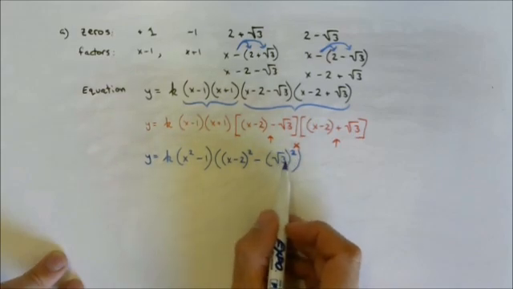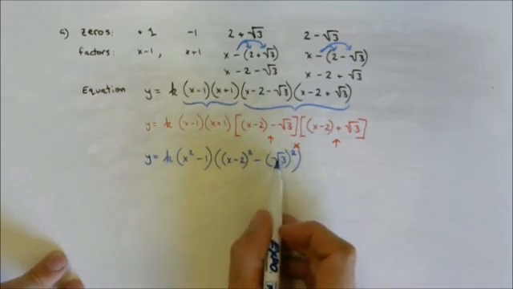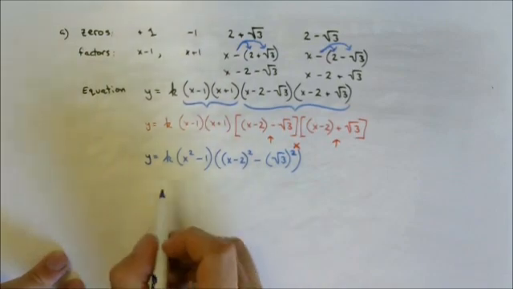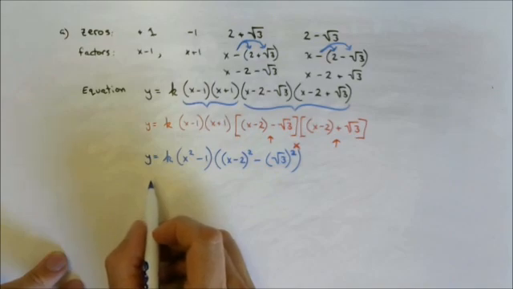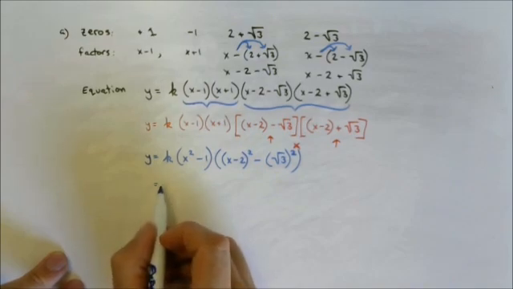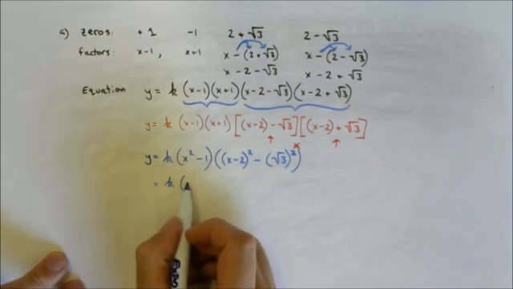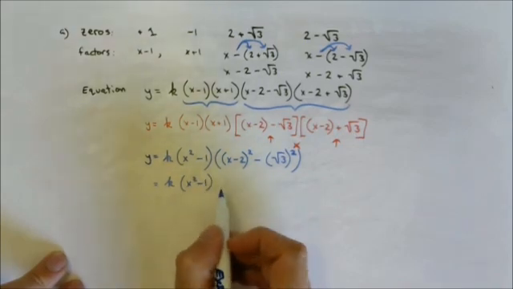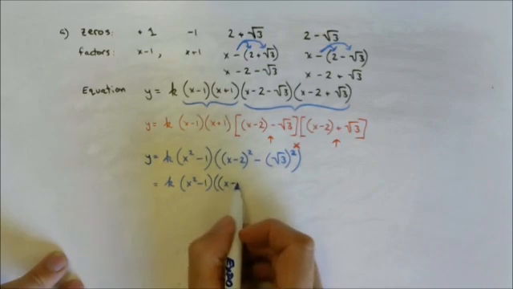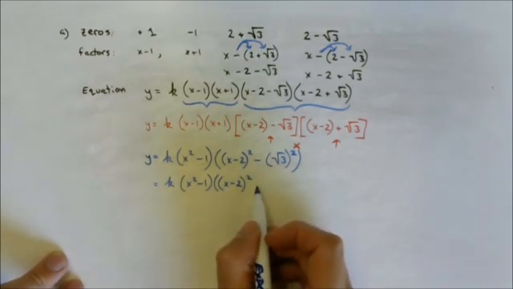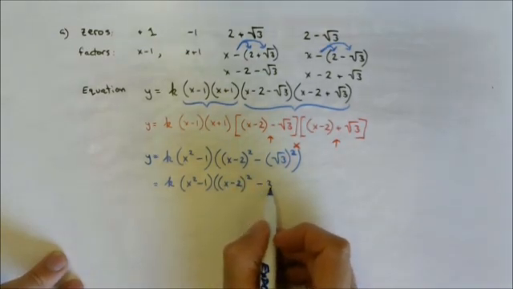You're just going to end right back up at 3. Whatever value is under the radical, you're going to end up with that. So we can reduce this. We've got x squared minus 1, and then out here we have x minus 2 squared minus 3.